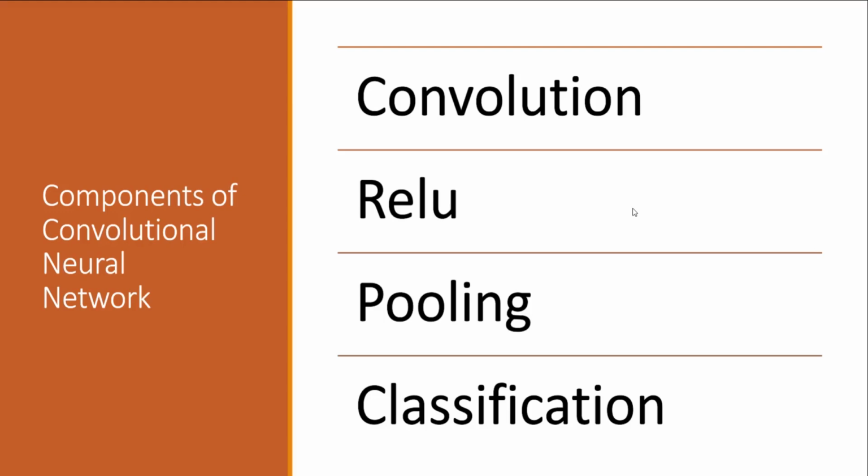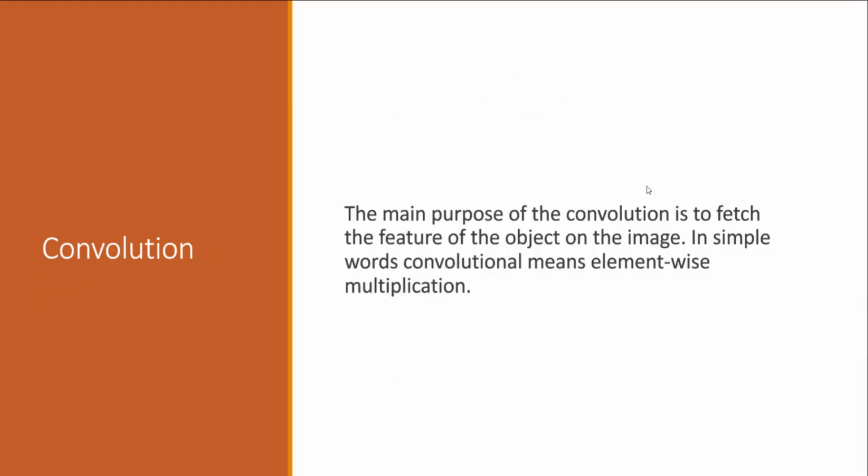There are 4 types of components. First we will discuss convolution, after that ReLU, next pooling, and last the classification, which is also known as the fully connected layer. Now first we will understand what is convolution. The main purpose of the convolution is to fetch the features of the object in the image.